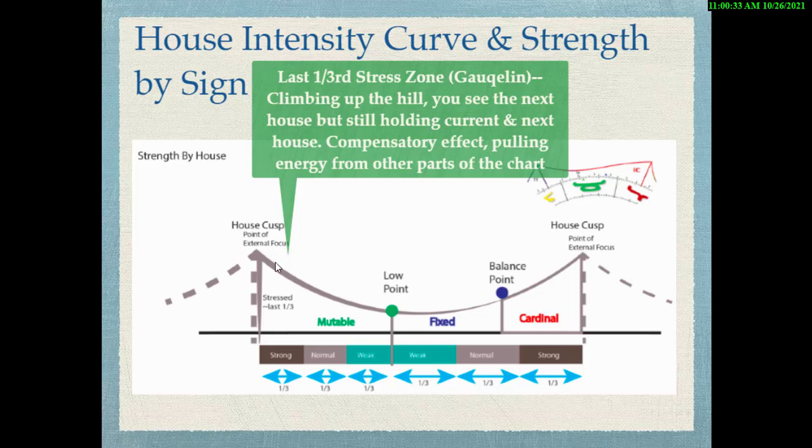The last third relates, I did a whole presentation on this for ISAR, to the Gauquelin effect, the real stress effect, because a planet moving through this last third period is in a stress zone where it's serving the needs of the current house and also more interested in the affairs of the next house. So it becomes this compensation effect, with the age point really going crazy trying to express itself.